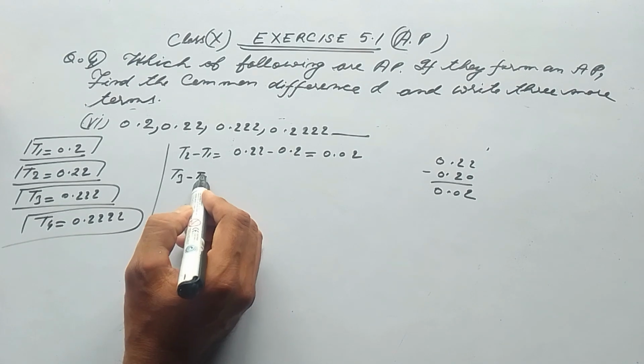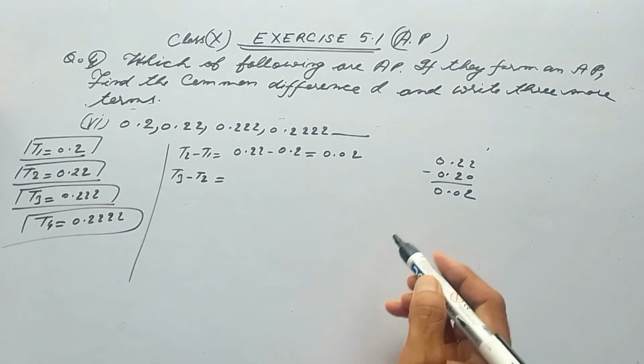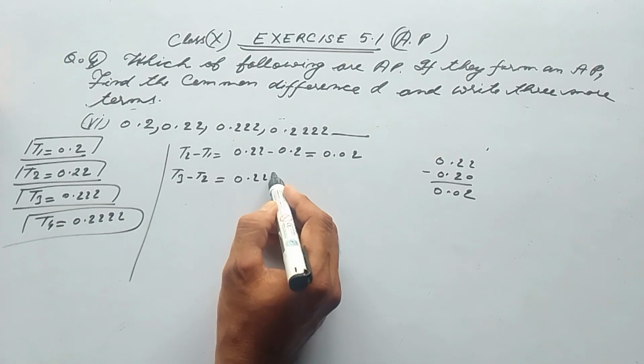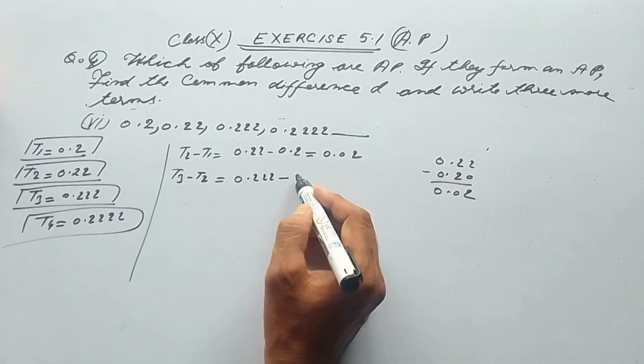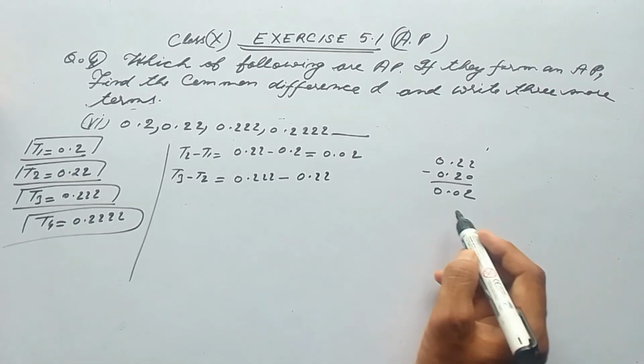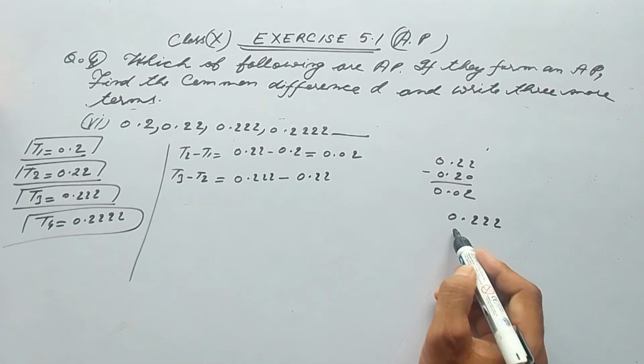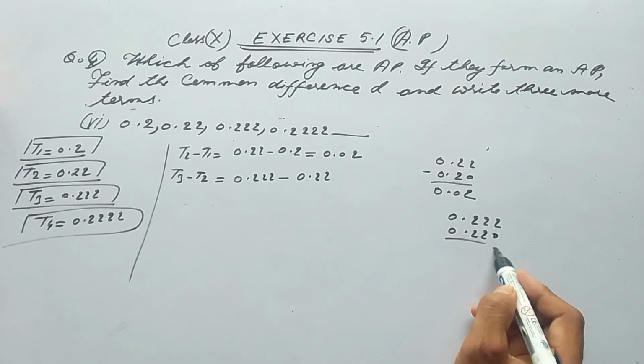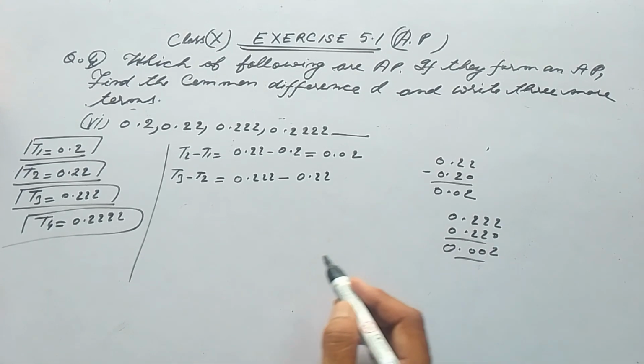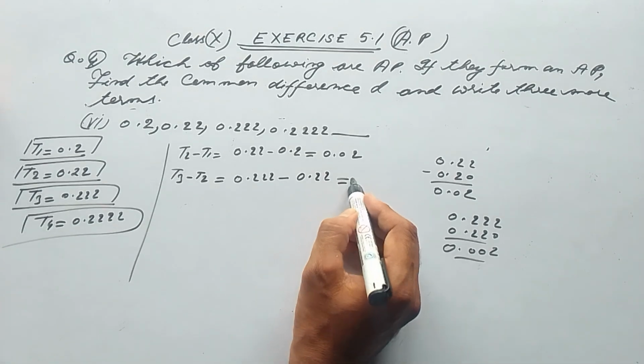T3 minus T2, T3 that is 0.222 minus T2 that is 0.22, we have 0.002.